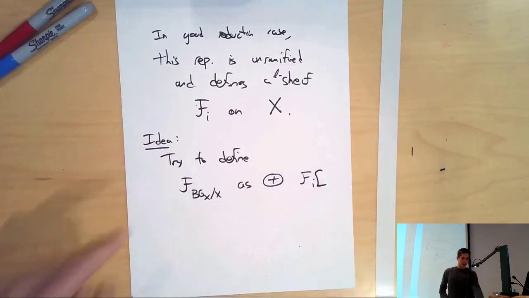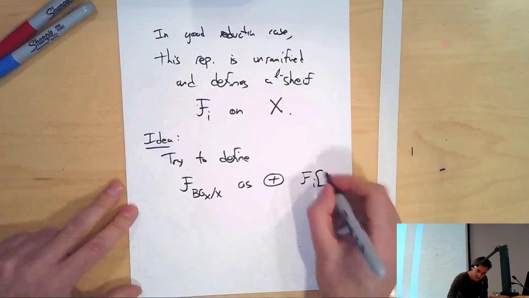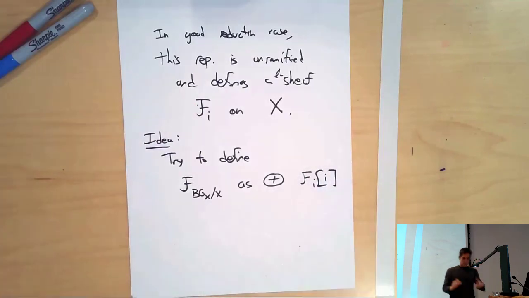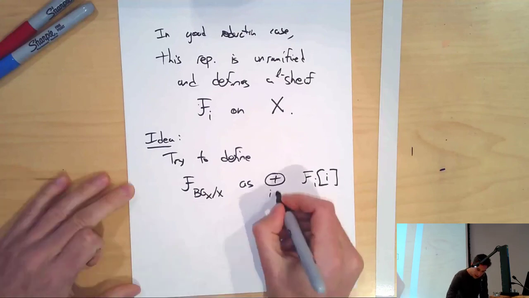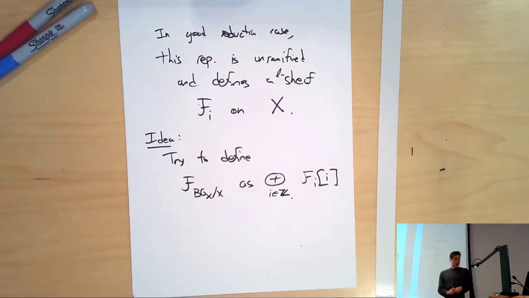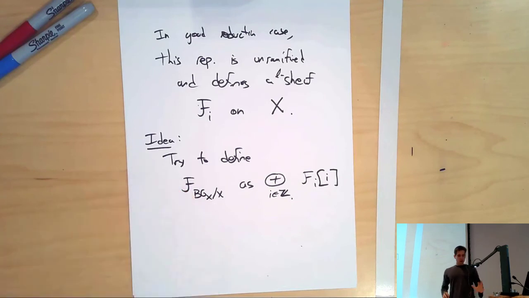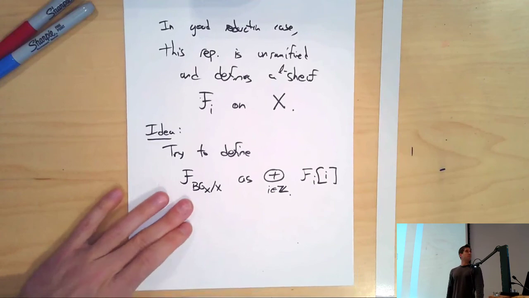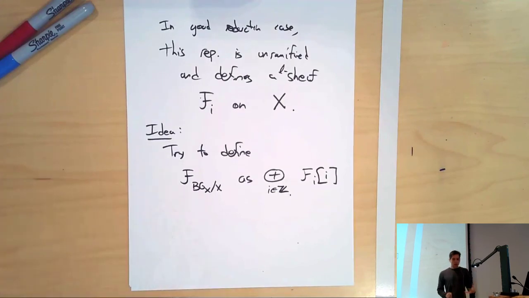What its minus ith cohomology sheaf should look like is this sheaf F_i. And so just put that in cohomological degree minus i and add it up. And in the good reduction case, I think this is actually correct at the level of objects, that the object of the derived category you produce is a sum of its cohomology sheaves.